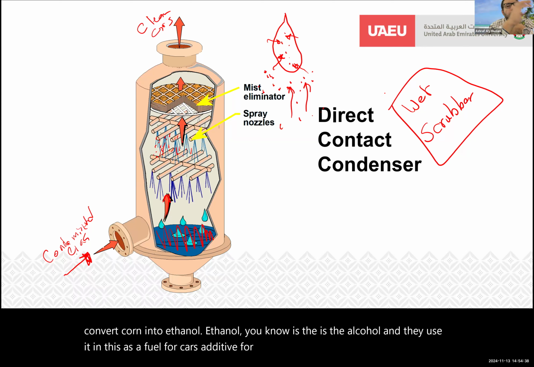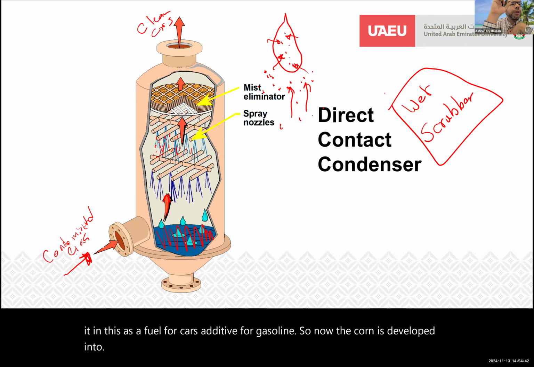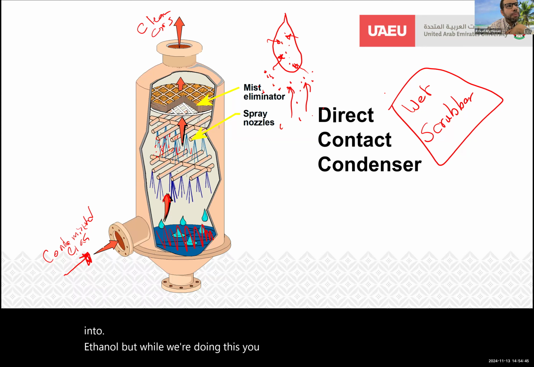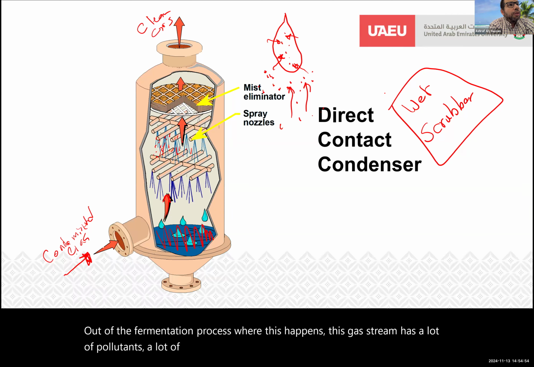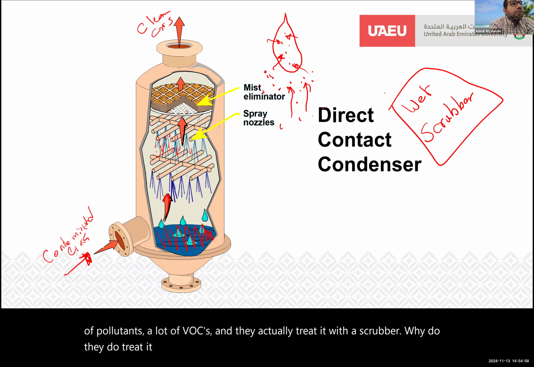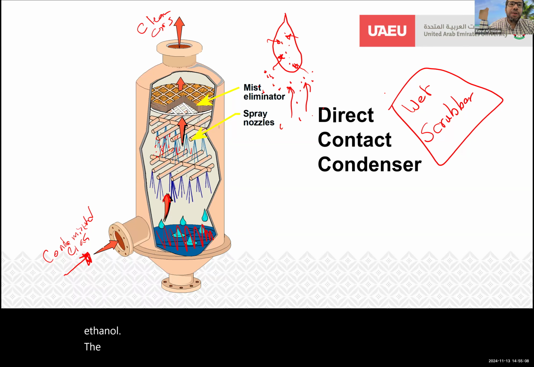While the corn is developed into ethanol, you get a gas stream out of the fermentation process. This gas stream has a lot of VOCs, and they treat it with a scrubber. Why? Because the main pollutant inside the stream is ethanol, which is the product they're after.